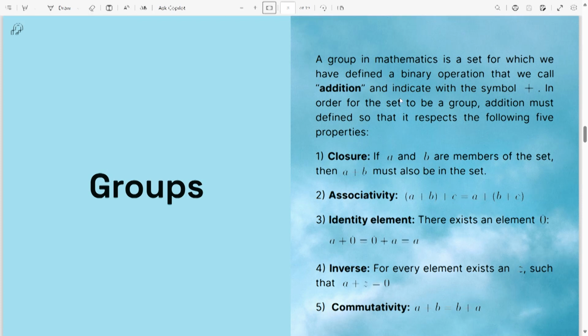If we want to call a set a group, we have to be careful about these 5 properties. It has to respect all of these, and you can see for closure, we say that if A and B are inside the set, the result should be inside the set. So you have 2 dots, and your result, the other dot, should be inside your set as well, on your elliptic curve equation.